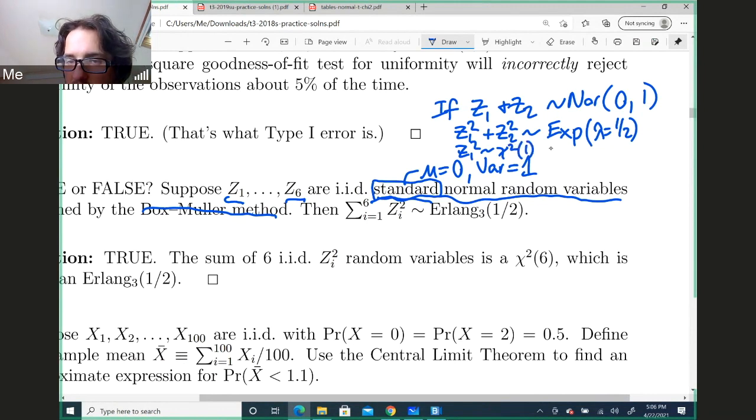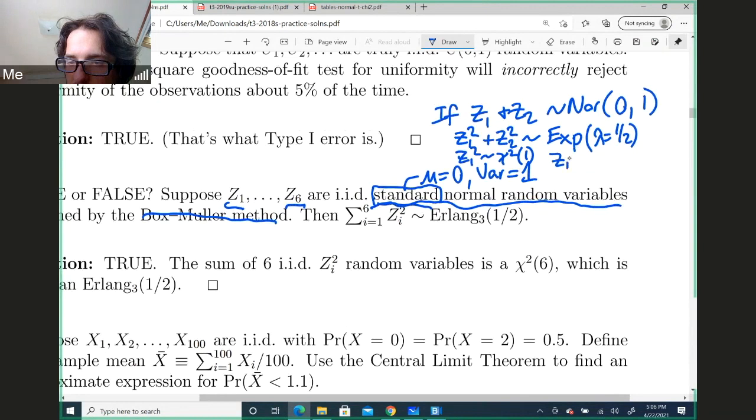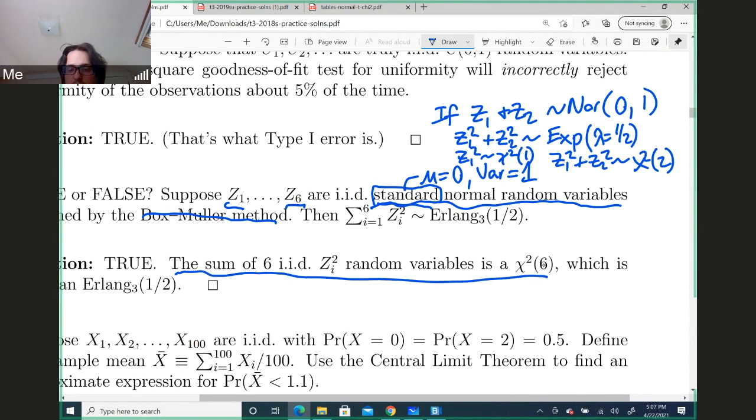If you take Z1 squared plus Z2 squared, that's a chi-squared variable with parameter 2, and so on. If you added up 4 of these, you would have chi-squared with a parameter of 4. In particular, they mention in the solution that if you have 6 of these, it's chi-squared with 6.